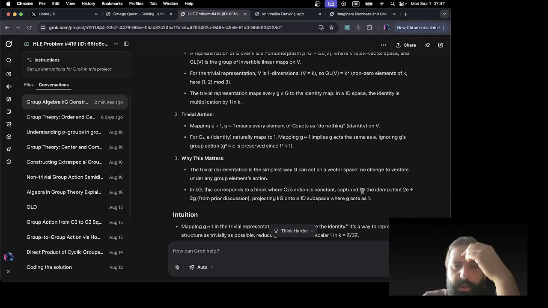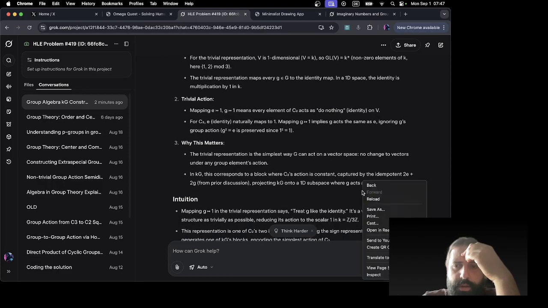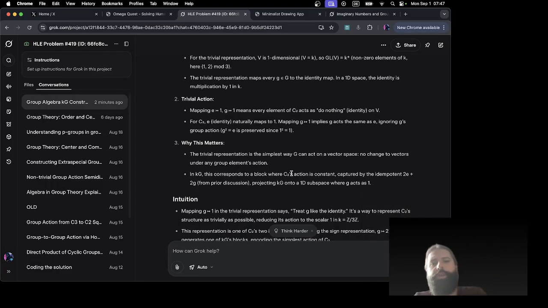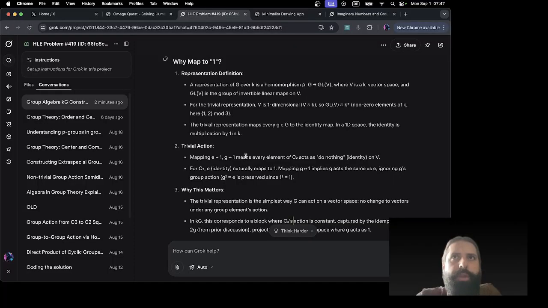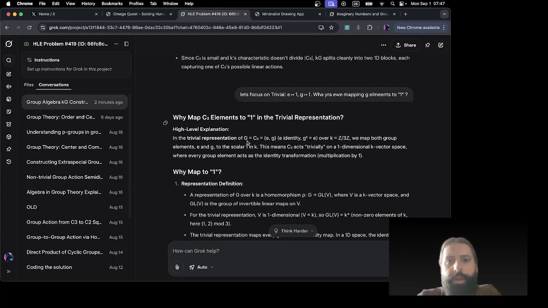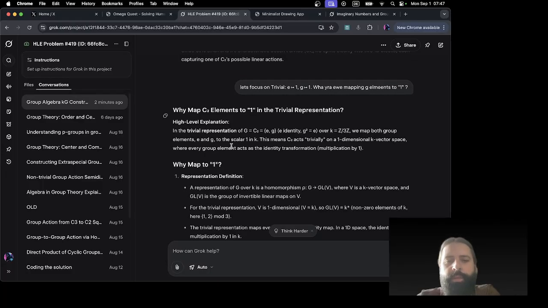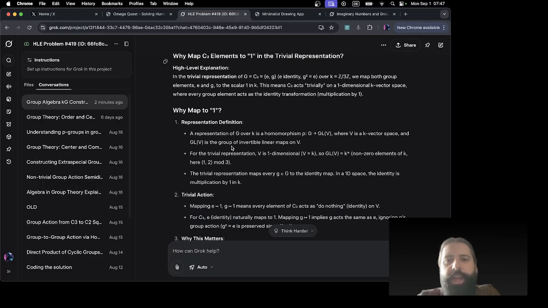Okay. The trivial representation is the simplest way G can act on a vector space. I'm onto something here. I think I've kind of broken through. Okay, so it's about the different ways that G can act. And for some reason that's then these homomorphisms.